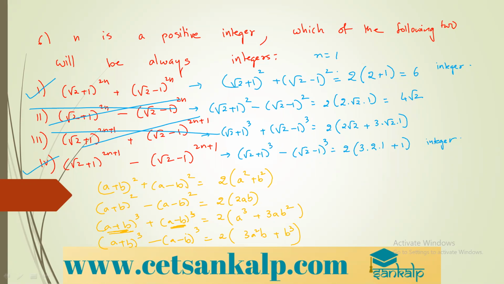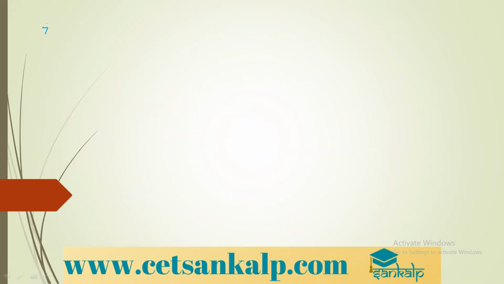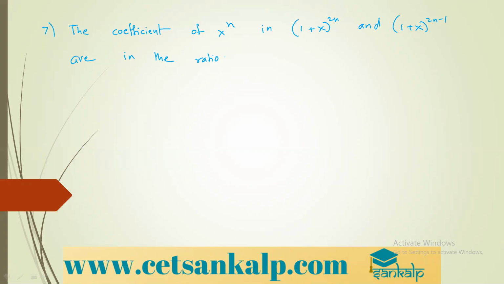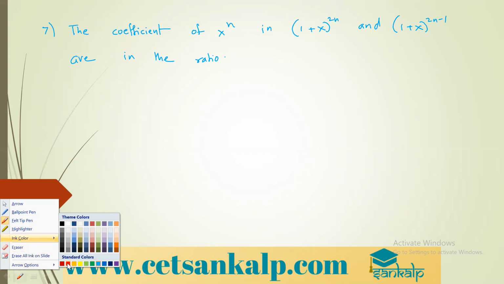I think we can do at the most one more question. So let us go to question number 7. The coefficients of x power n in (1 plus x) whole power 2n and (1 plus x) whole power 2n minus 1 are in the ratio. So I have to find both the coefficients.